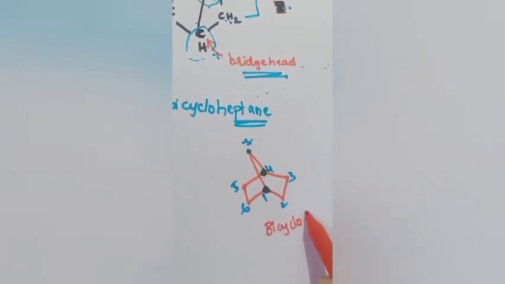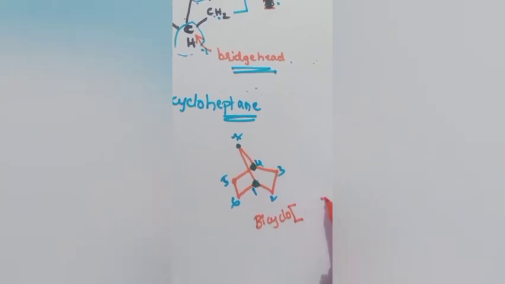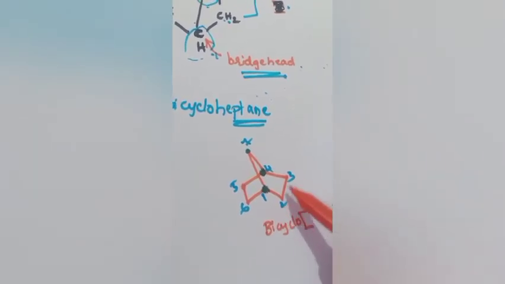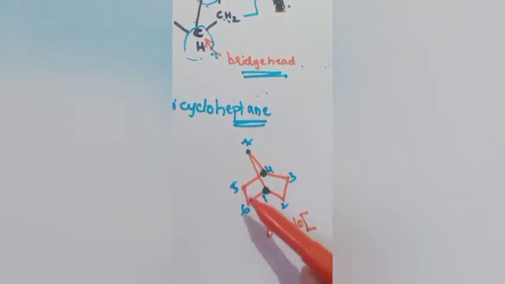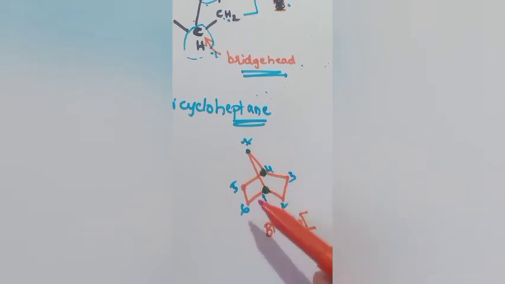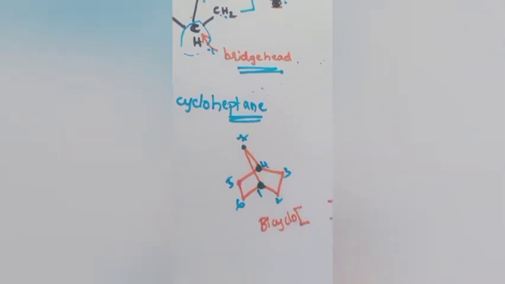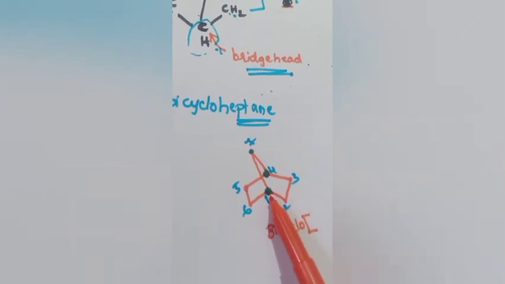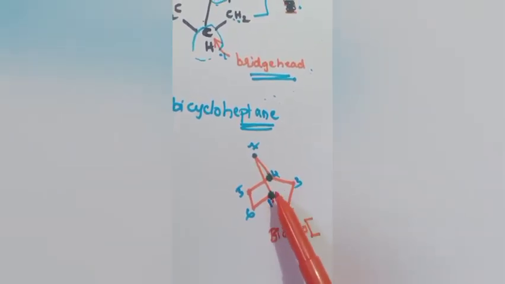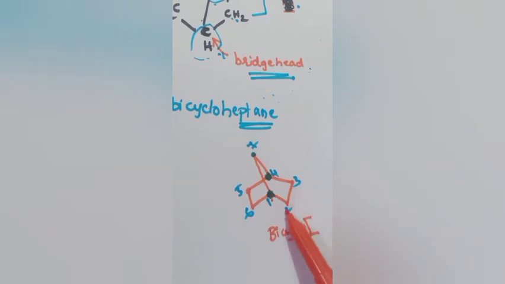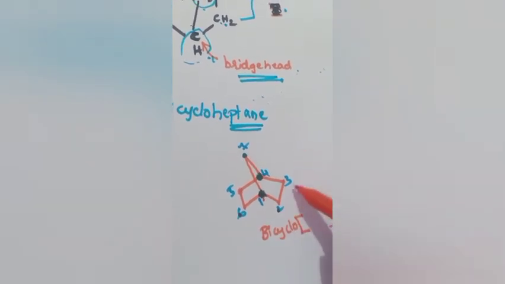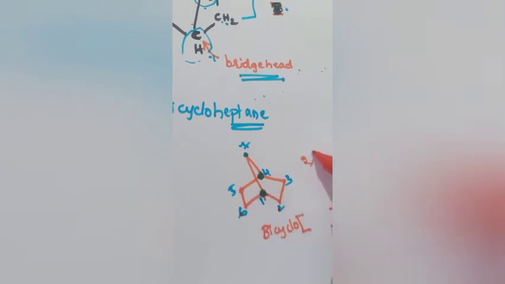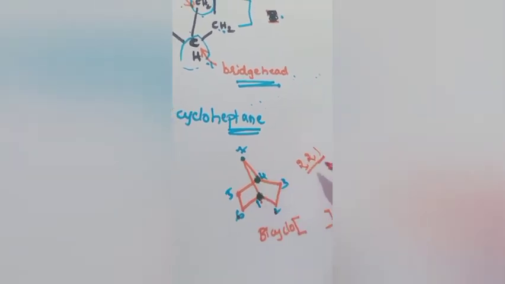Then we write the number of bridge chain carbon atoms from each side, starting from the topmost bridgehead carbon atom: 2 carbon atoms on one side, 2 carbon atoms on the other, and 1 carbon atom on top.